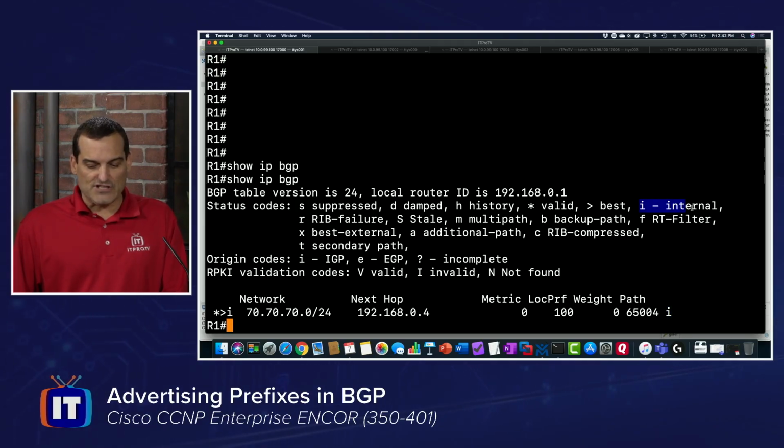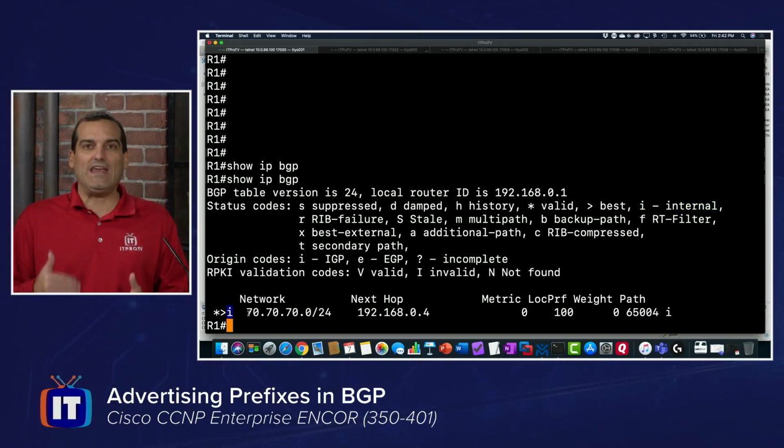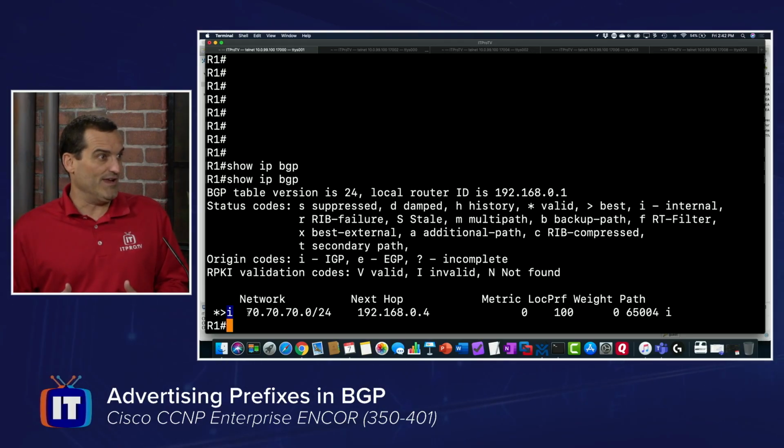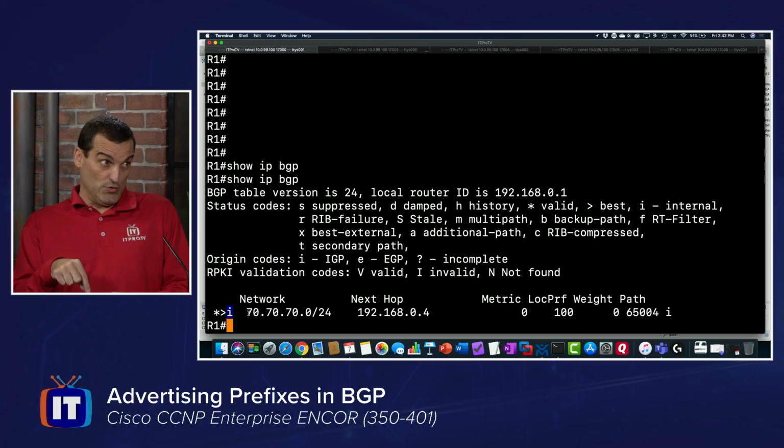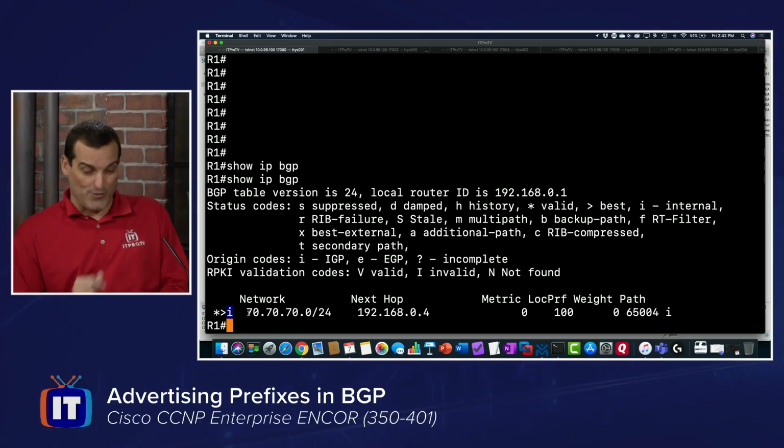Okay, the first lowercase i is mentioned first in the legend, Ronnie. It's internal. So this i right here is telling us that we got this from an IBGP neighbor. Yeah, and that makes sense, didn't it? We're here on R1. It came in from R2, and that's over IBGP. Right. So we learned it from IBGP technically.